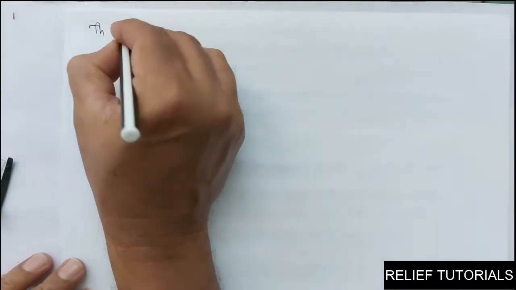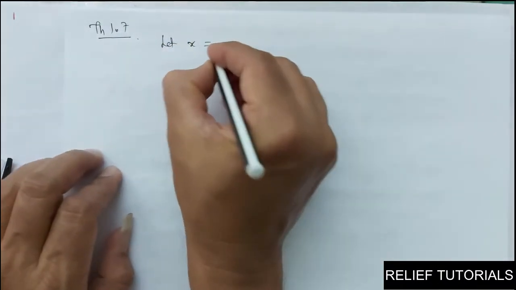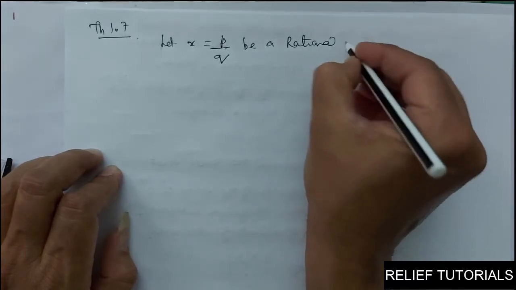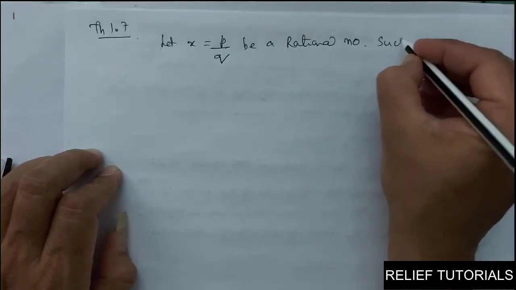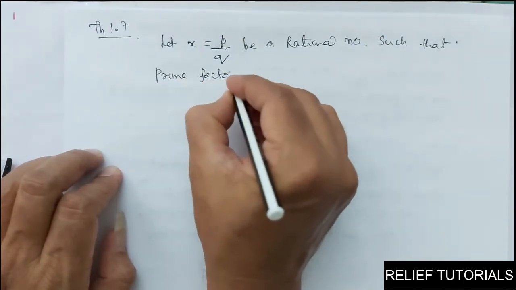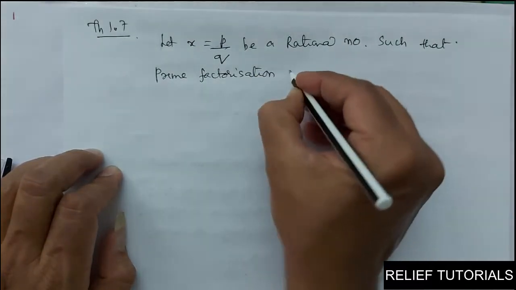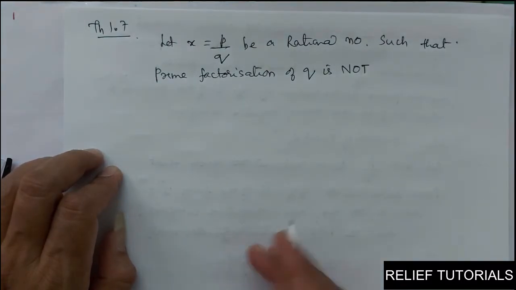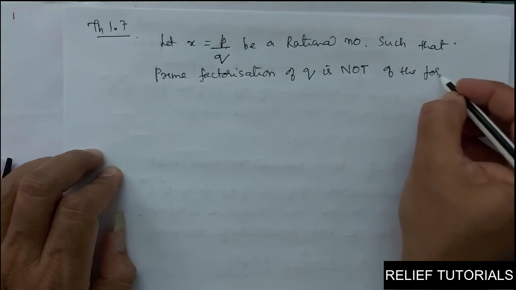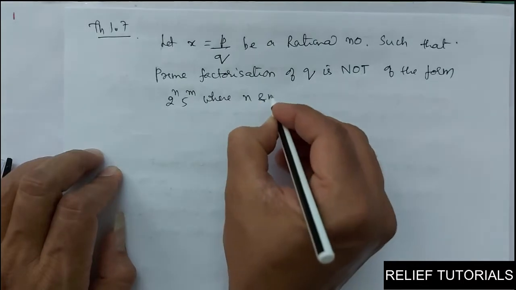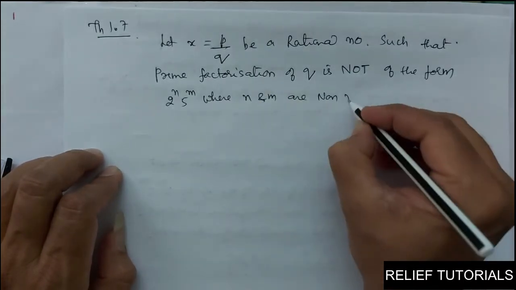Now we'll discuss one more theorem. Theorem 1.7. What is that? See, let x equal p by q be a rational number such that the prime factorization of the denominator q is not of the form 2 raised to n, 5 raised to m, where n and m are non-negative integers.